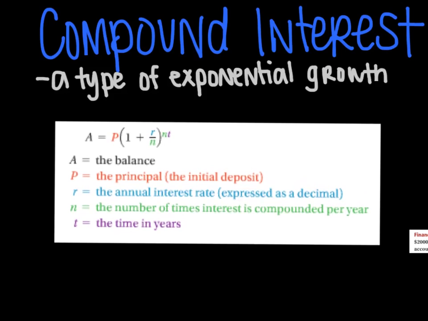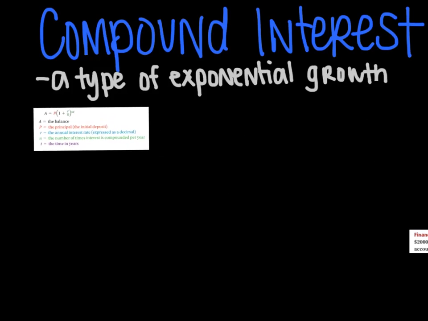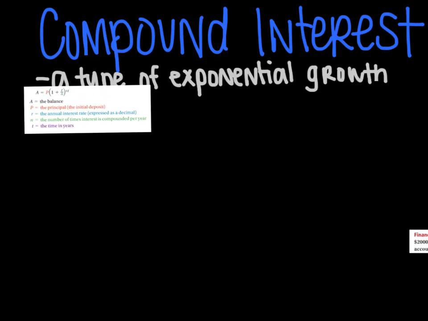And as you can see what each thing is labeled as, I do want to point out the number of times interest is compounded per year. If it tells you it's compounded quarterly, that's 4 times, semi-annually is twice, and so you just got to pay attention to that. It is an important detail when you are factoring in these types of questions.